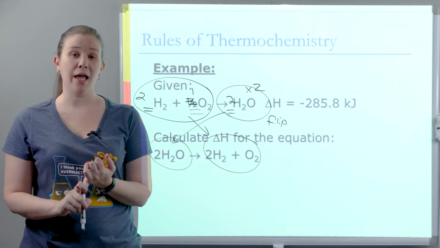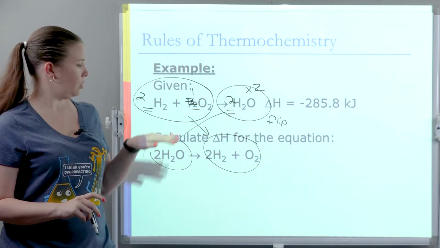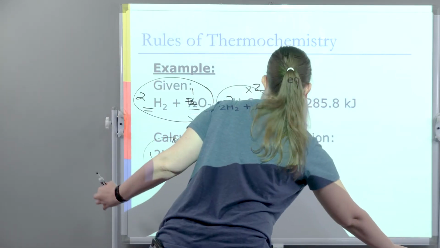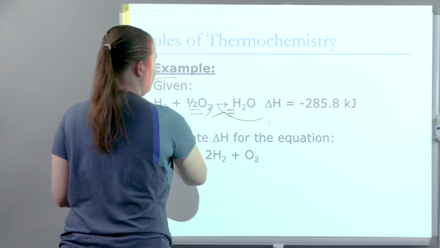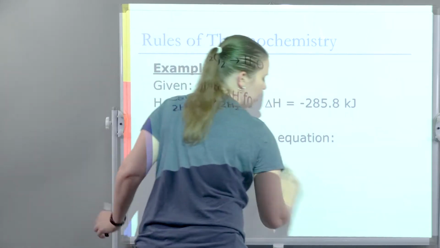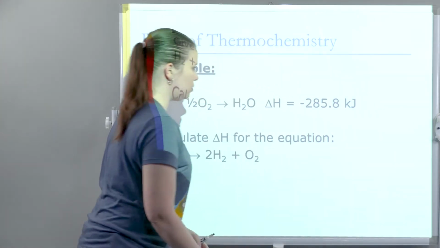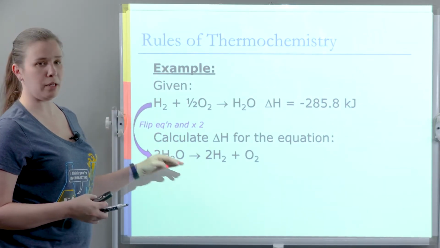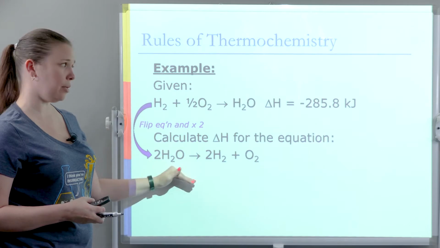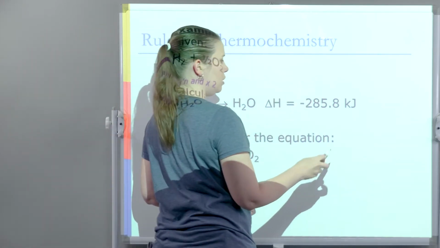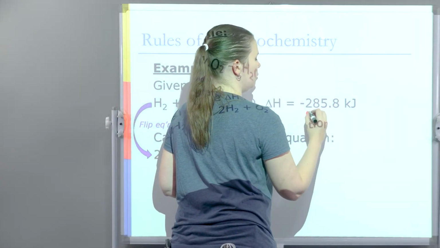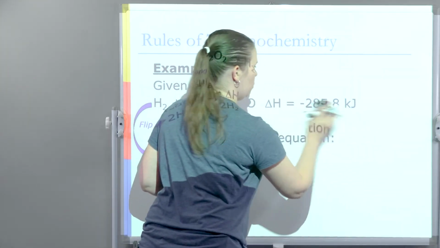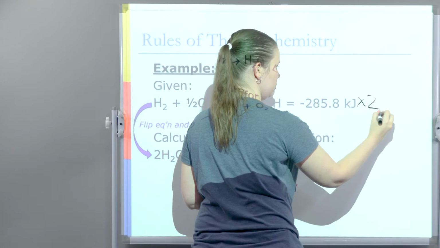We flipped it and we multiplied it by 2 in this reaction that I'm searching for the enthalpy of. So everything that you do to the reaction, you also have to do to the delta H. Because the reaction on the bottom here is backwards and doubled, the enthalpy will also be doubled, not divided by 2, sorry, so times 2.